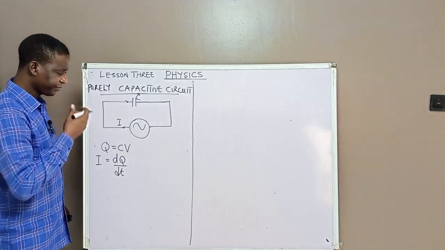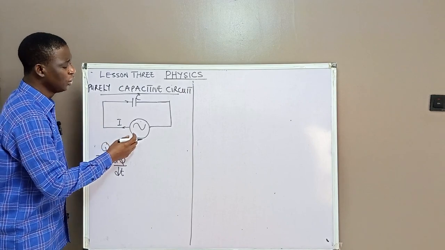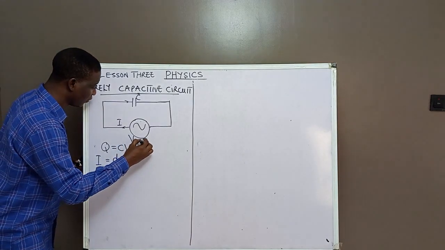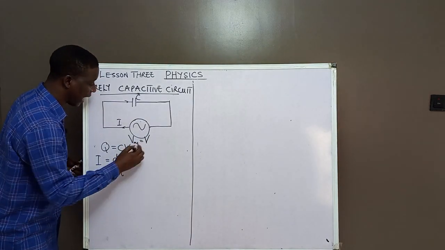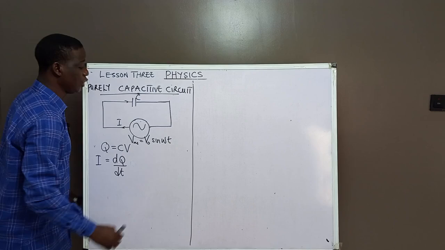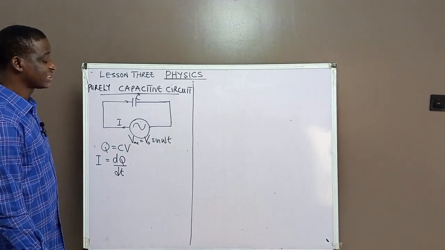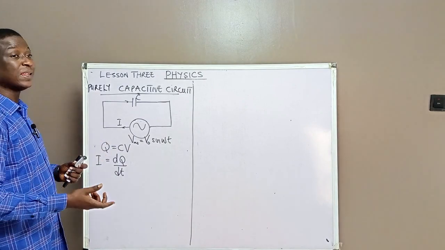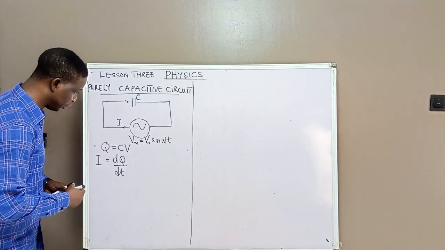Now look at the board. There's something I want to show you. The source has a voltage. The instantaneous voltage of the source, or the voltage supply at every time, is V at the point in time equal to V naught sine wt, where V naught is the maximum voltage, which we call the peak voltage or amplitude voltage.